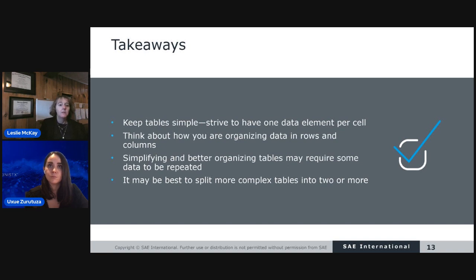Simplify your tables, even if that requires splitting complex tables into more than one table, or if you have to repeat some data within the table. In the long run, it will be much better and ensure that your data models are interpreting and digitizing the data from these tables properly.